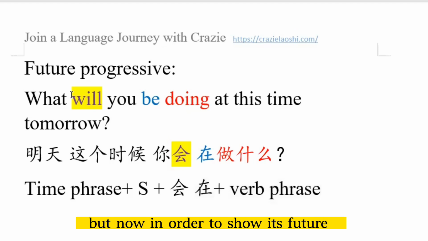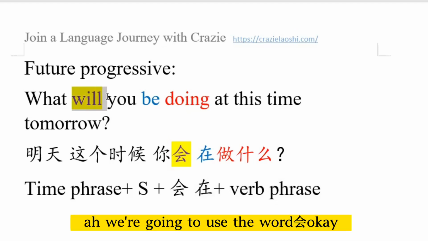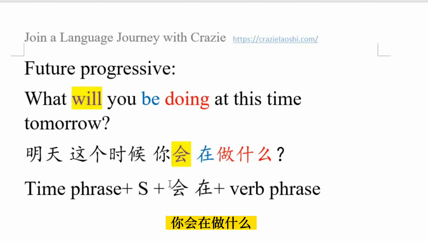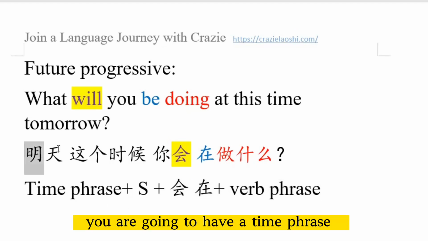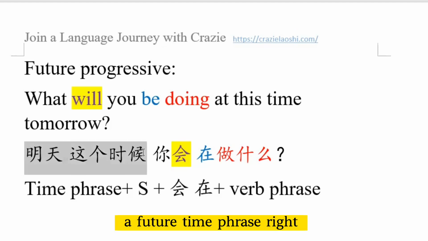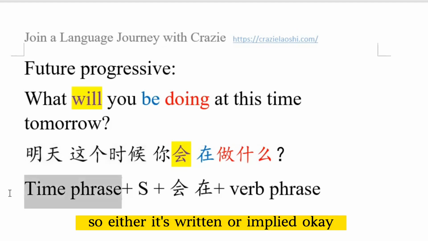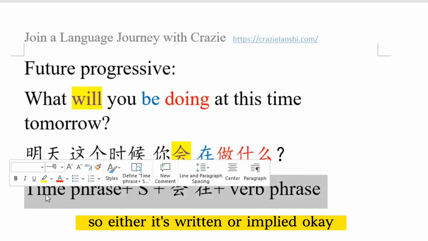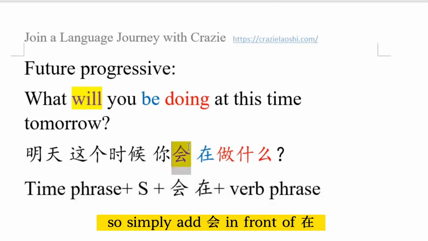But now, in order to show its future, we're going to use the word 会. 你会在做什么? And then, of course, you're going to have a future time phrase, either written or implied. So simply add 会 in front of 在.